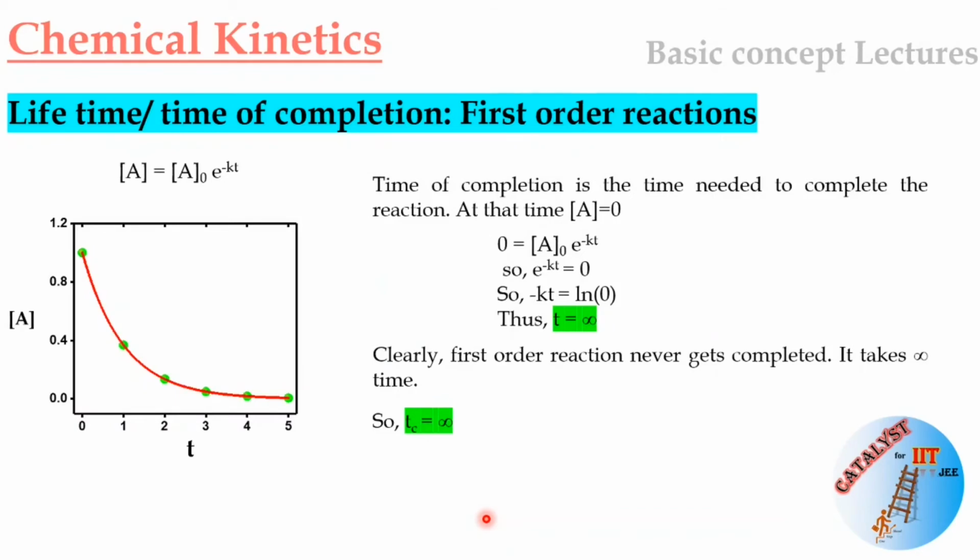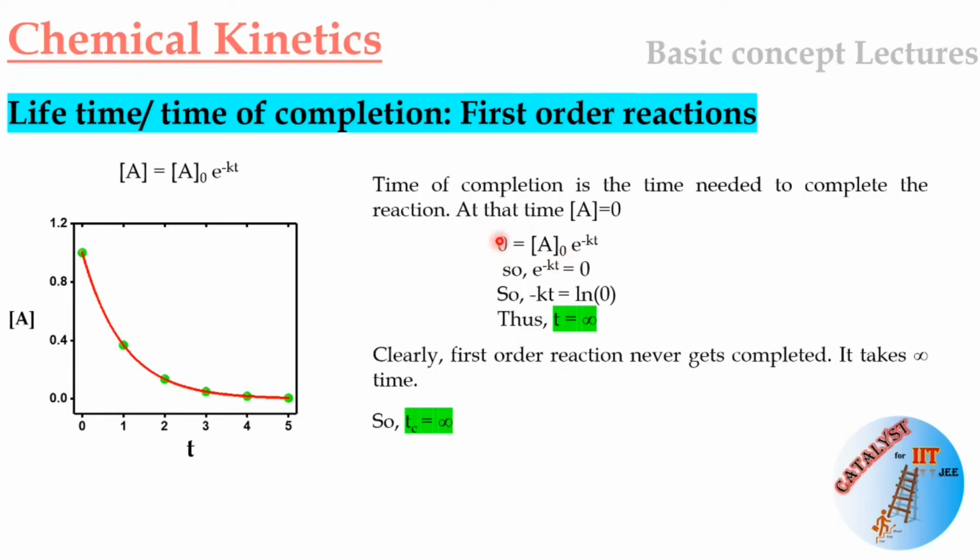Now what is the lifetime or the time of completion for a first order reaction? The time of completion means the time required to complete the reaction. To complete the reaction means that there will be no reactant remaining, correct? So at the time of completion, your reactant concentration will be 0. For first order kinetics, the equation is a equal to a naught e to the power minus kt.